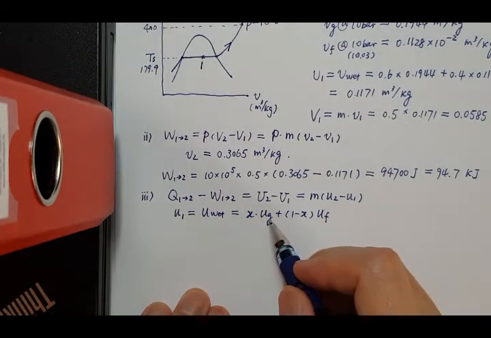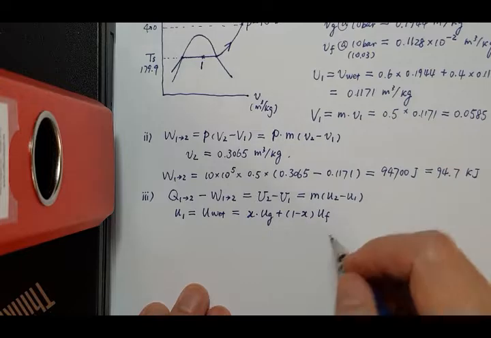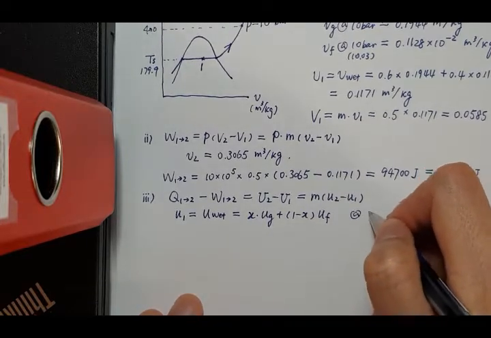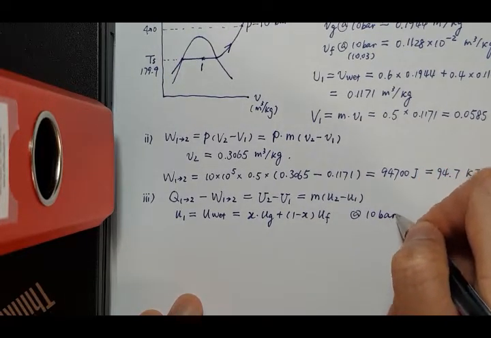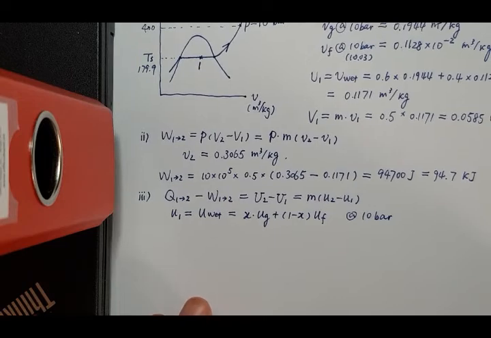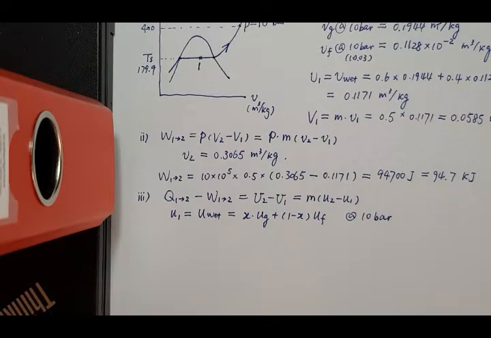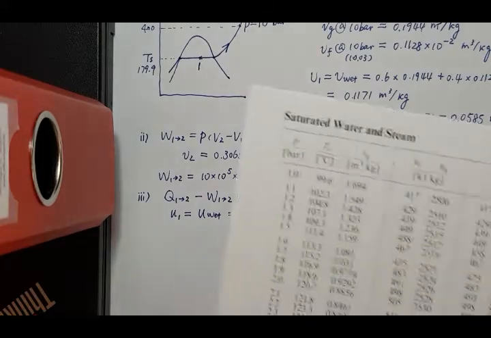And the uf and the ug can be found because this is at 10 bar, so according to the steam table, we check to find ug and uf at the pressure of 10 bar.